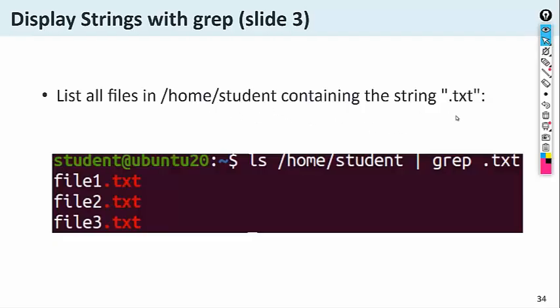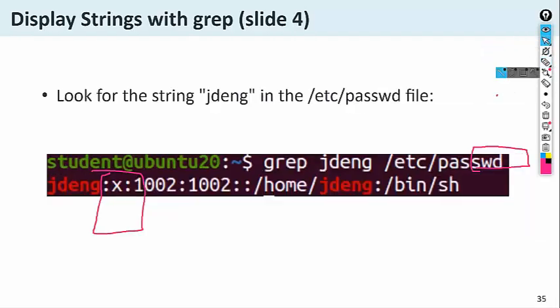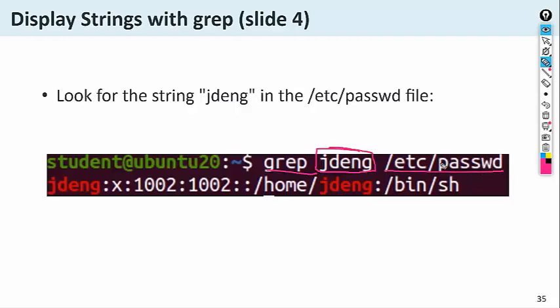Here are some files where we run ls and grep with .txt. It will display all the content which has the .txt extension at the end of the file name. Similarly, you can find a specific username inside the passwd file.